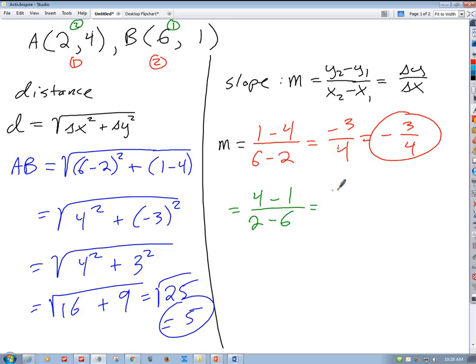And that would have given us 3 divided by negative 4, agree? And if I divide positive by negative, I get negative, right? So either way, I get negative 3/4.